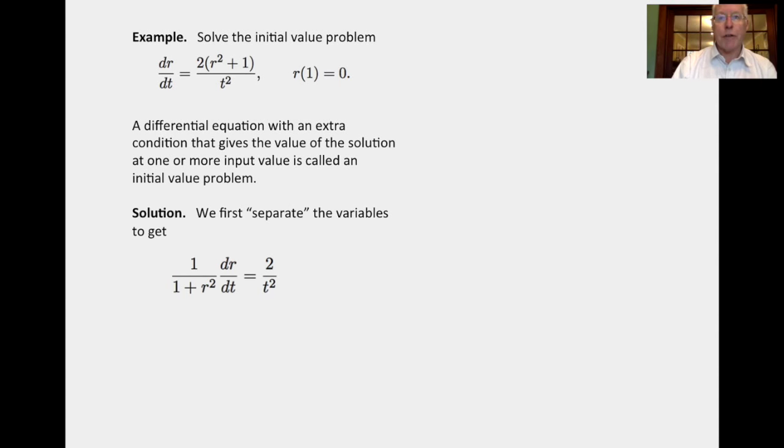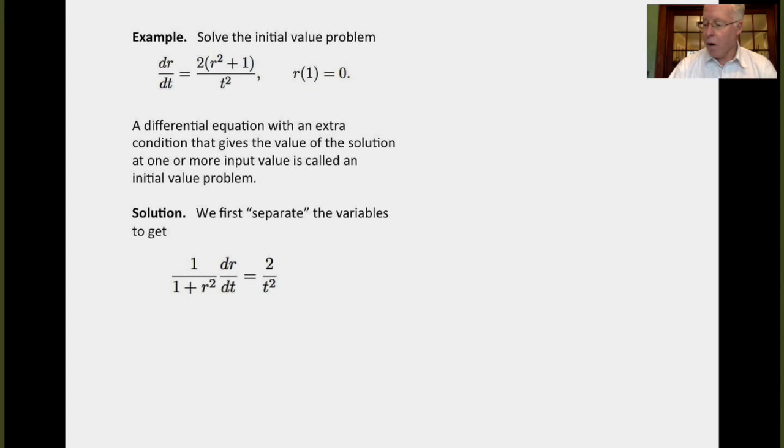When you have a separable equation and want to solve it, the first step is to separate the variables. So here we have put the r expression, the 1 plus r squared, on the left. I do that by dividing both sides by r squared plus 1. And I've just left the 2 over t squared over here on the right.